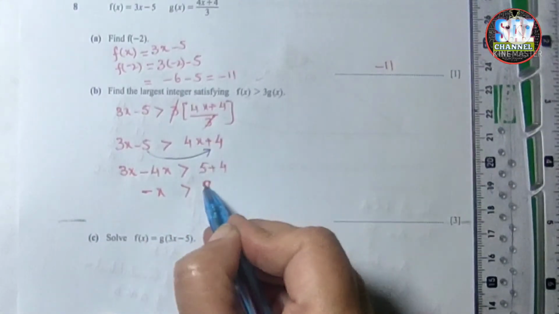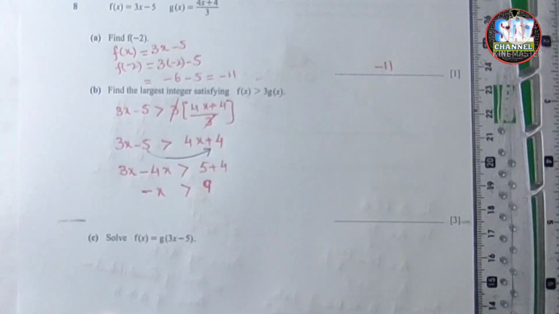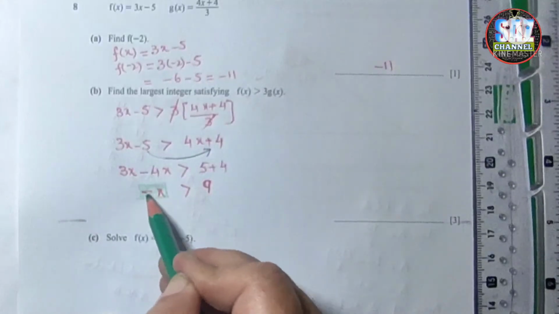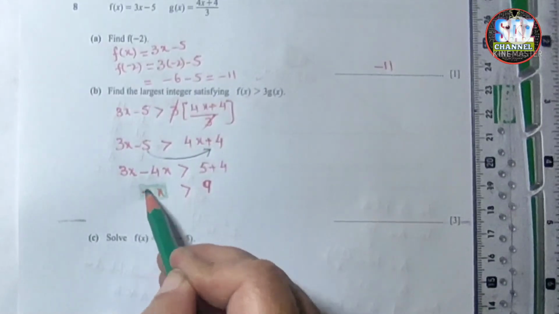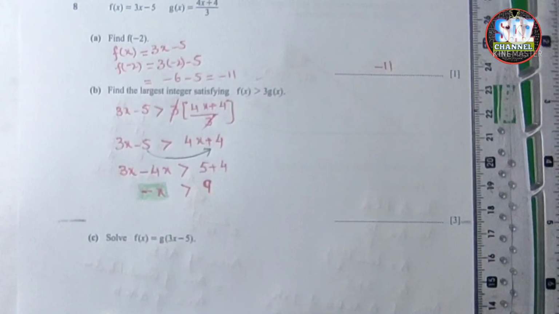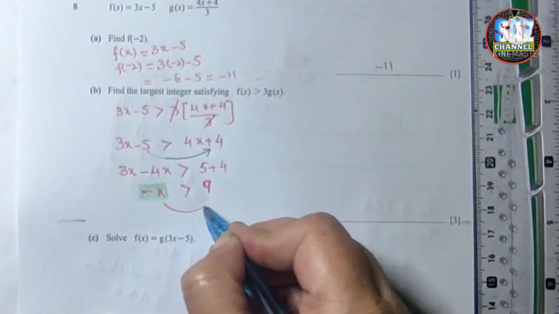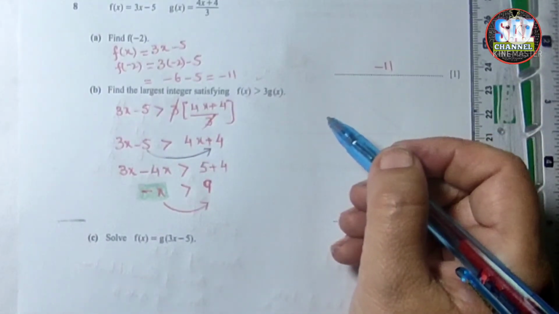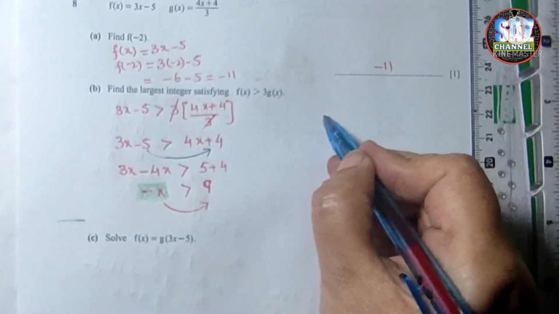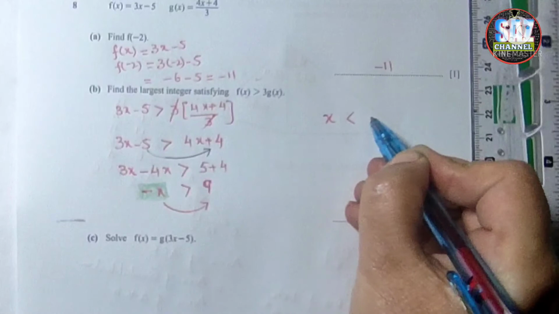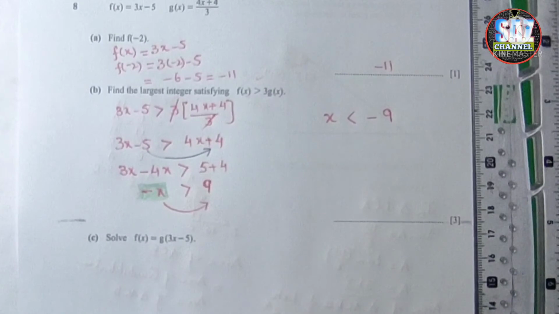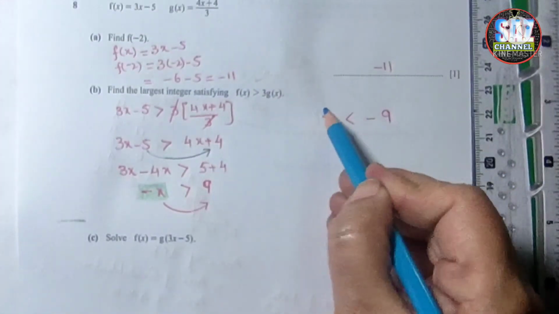Now recall my lessons of linear inequalities: when we shift this minus sign to the other side, we have to make the variable positive. What change comes in the direction of inequality? That is the only important step, and it makes the difference between linear equations and inequalities. I have to reverse the direction of inequality, so x is less than minus 9.